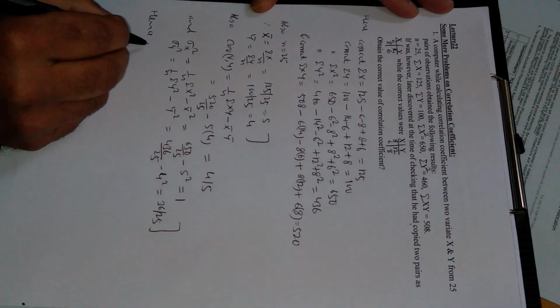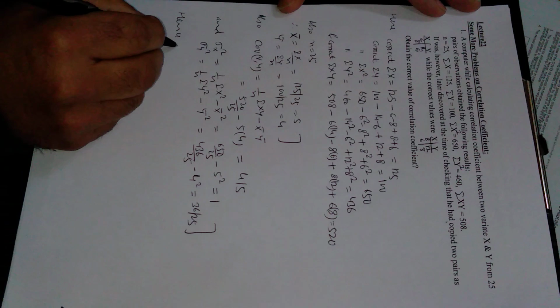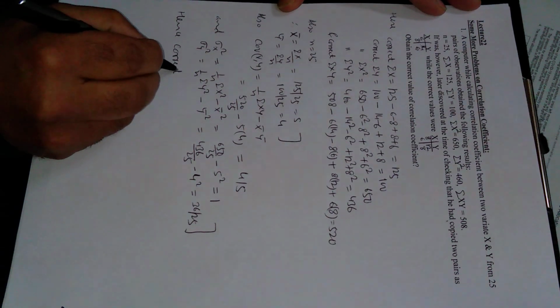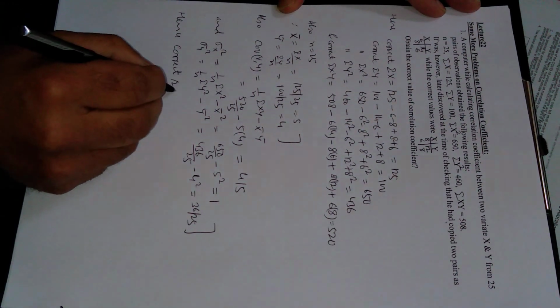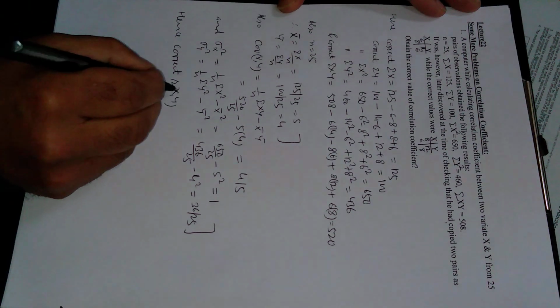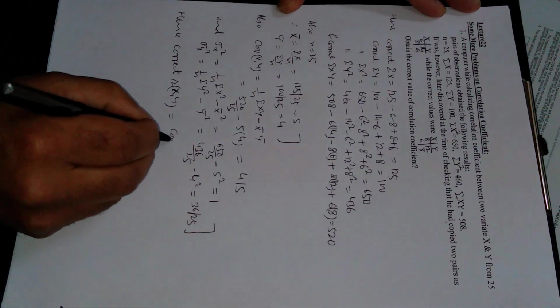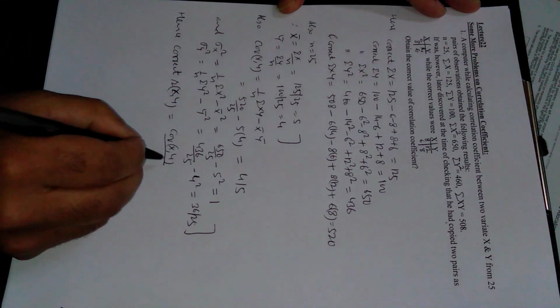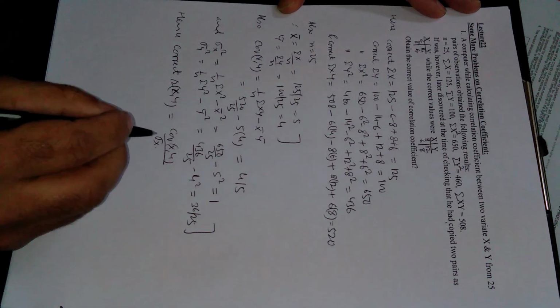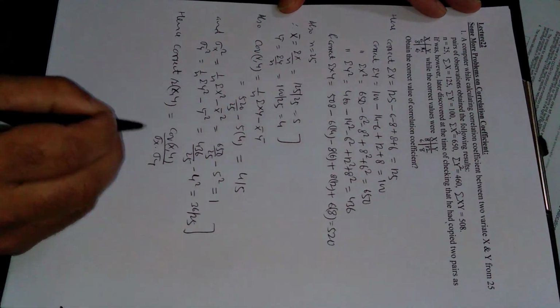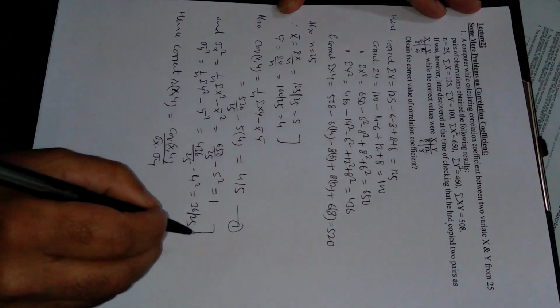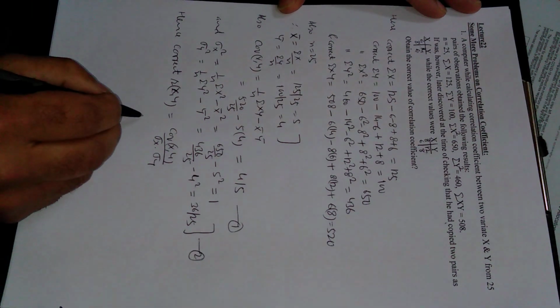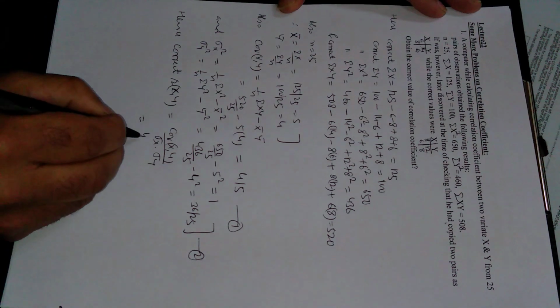Hence the correct correlation coefficient between x and y is covariance between x and y divided by standard deviation with respect to x and standard deviation with respect to y. Let us suppose this to be 1 and this to be 2. Substitute the values here. Covariance, this is 4 upon 5.